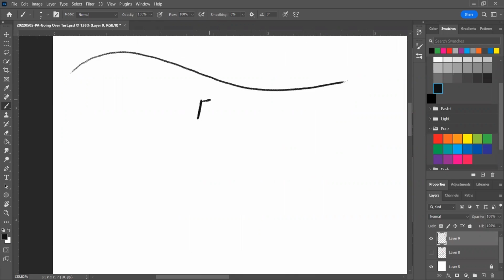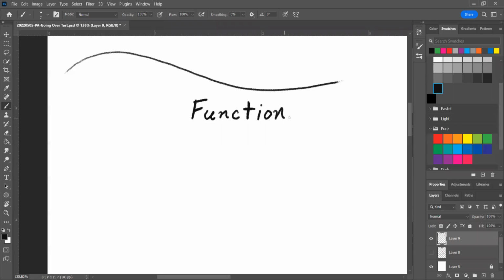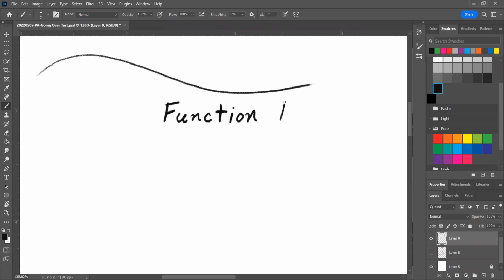Function notation. This right here is, well, has the potential to be the most confusing thing we talk about today.